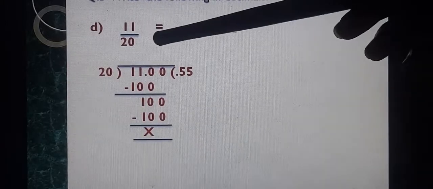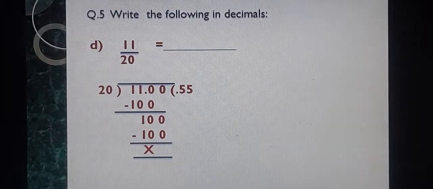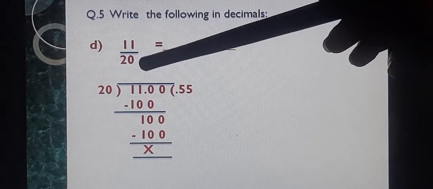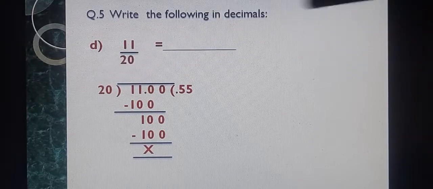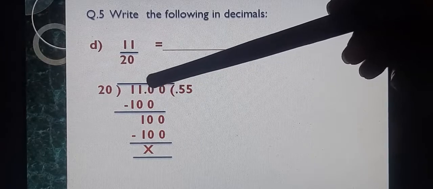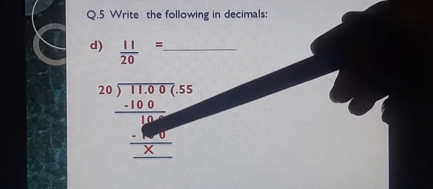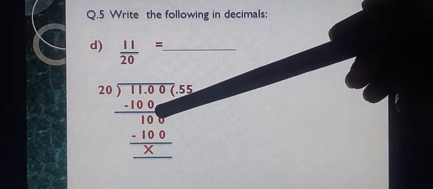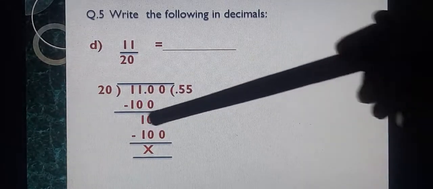Now question number 5, D part. 11 upon 20. 11 is less than 20. So we will put decimal and we will consider 10. It will become 110 divided by 20. Decimal and 0 you will put here, but you will read it as 110. Don't take decimal in your steps. 20 5s are 100. 110 minus 100, 10 is left.